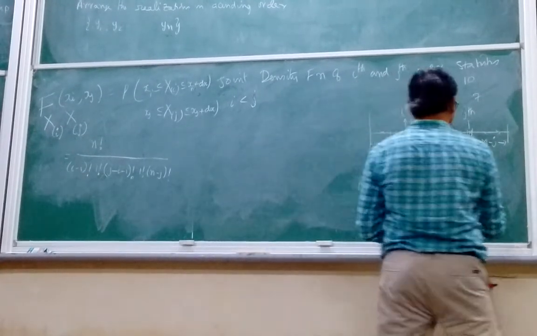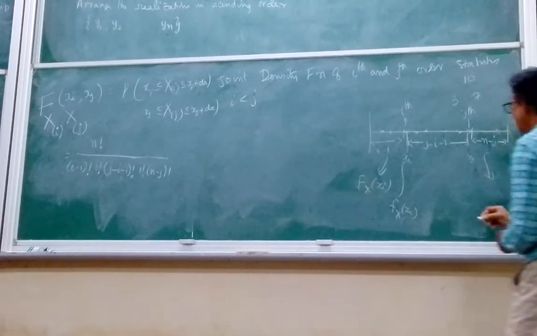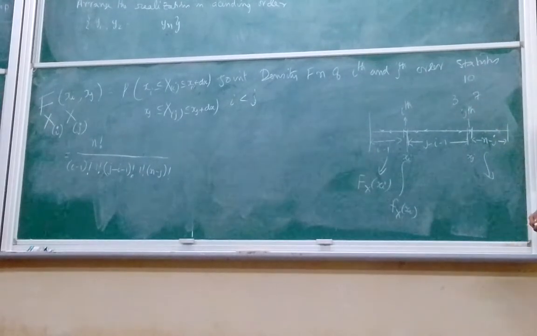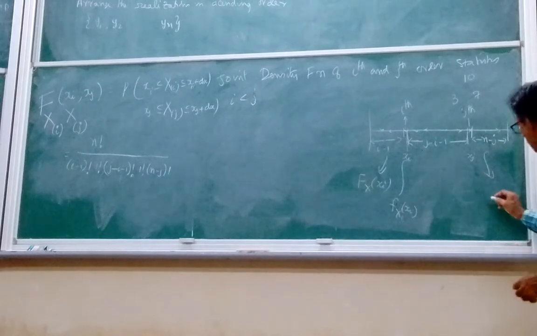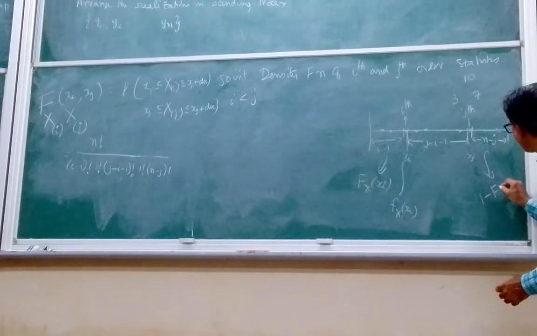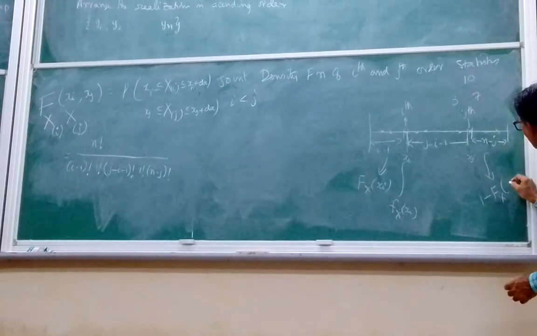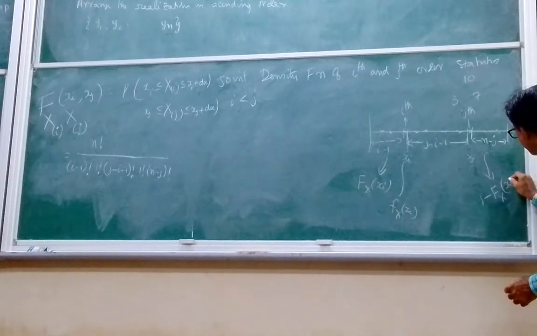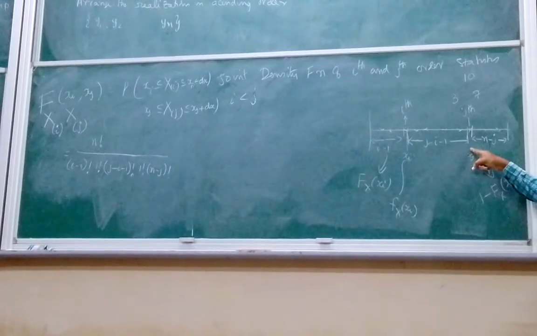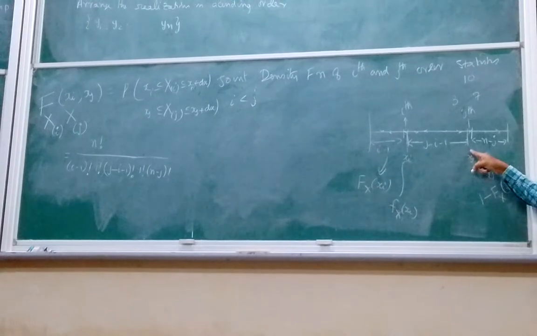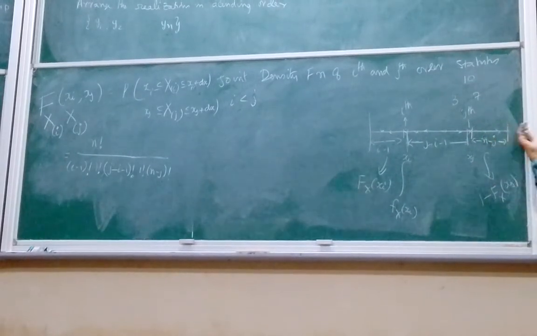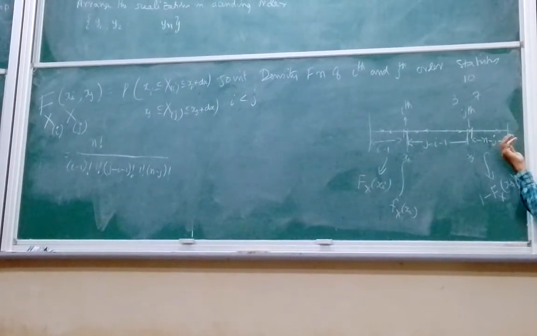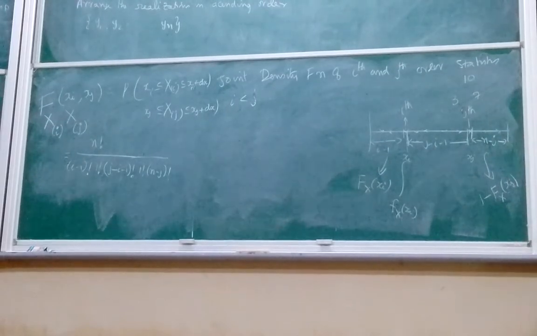And what is this value? One minus Fx of xj. This is xj. It is the CCDF evaluated at xj. Then only this will be on this.